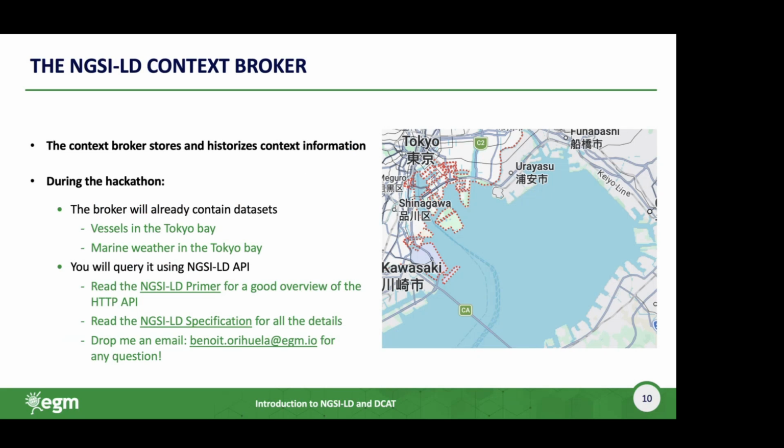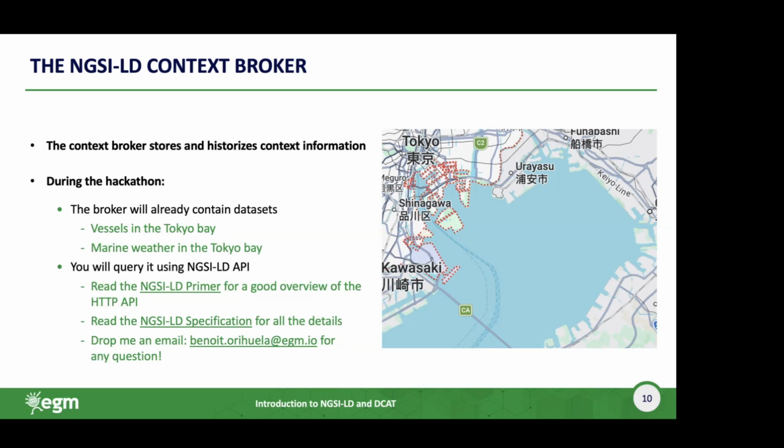Like I just said, the context broker stores and historizes context information. And for the hackathon, we have prepared some data sets. We took some data near Tokyo, so that it is more interesting for the participants in the hackathon.